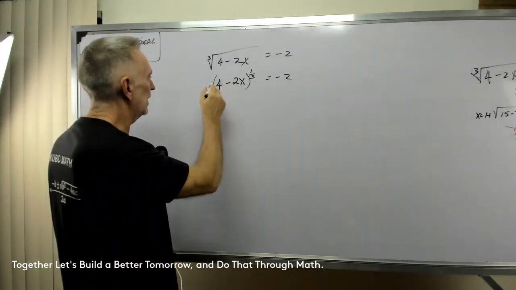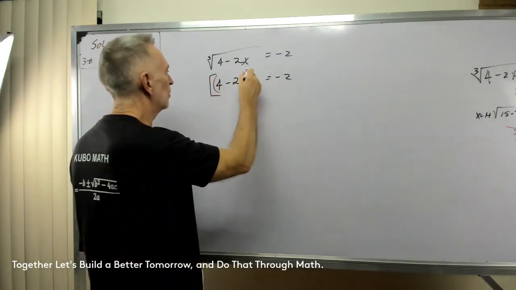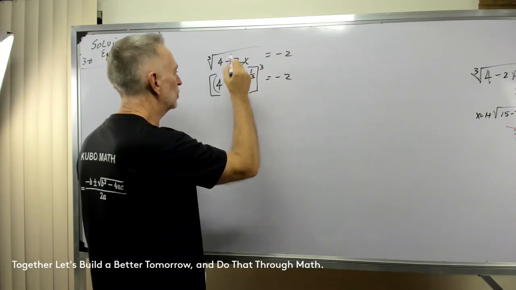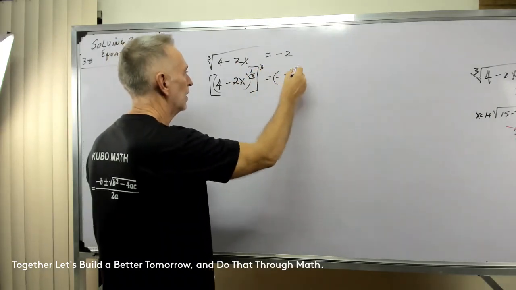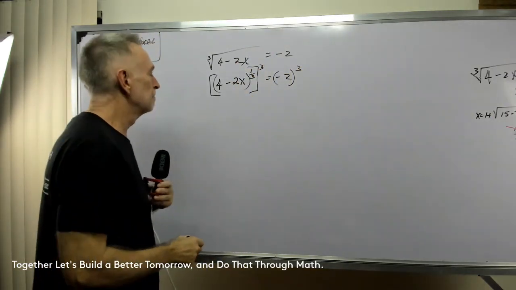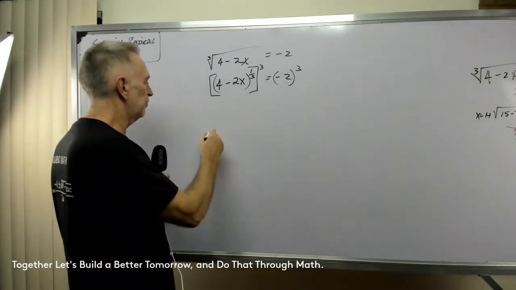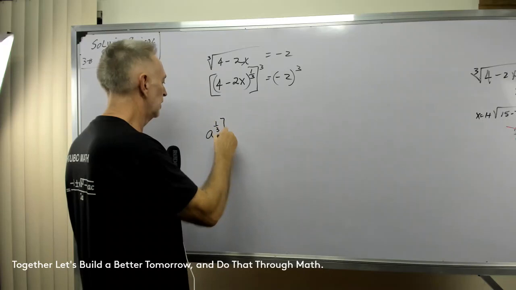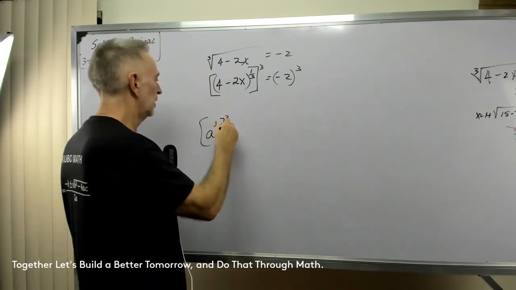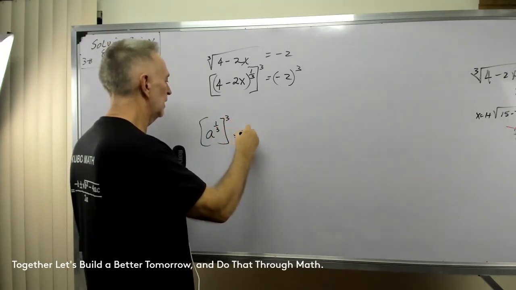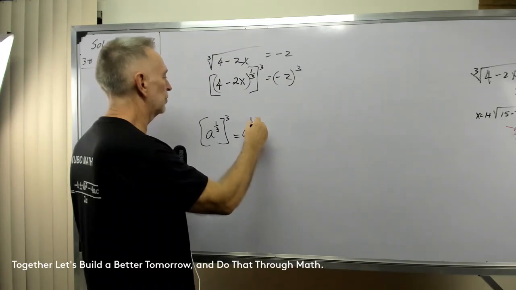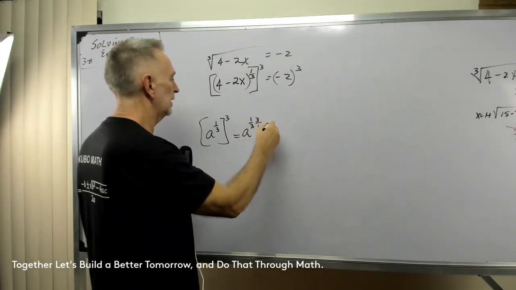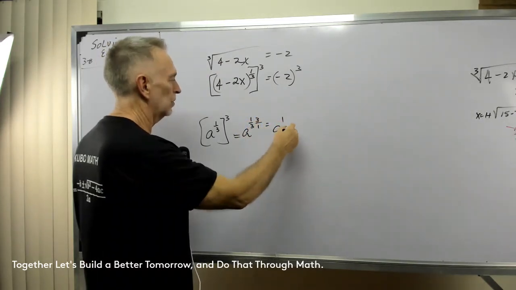So in this case, I need to raise this to the 3rd power on both sides. So same as before, now I have a to the 1/3 cubed. So that is a to the 1/3 times 3 over 1, and that gives me a to the 1, or just a.